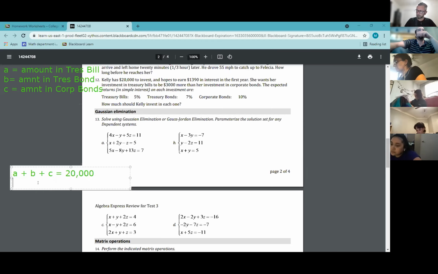So this is something that's maybe a little bit tricky, because we're talking about treasury bills, which is A, and corporate bonds, which is C. I know I have to add 3,000, but which one am I adding 3,000 to?